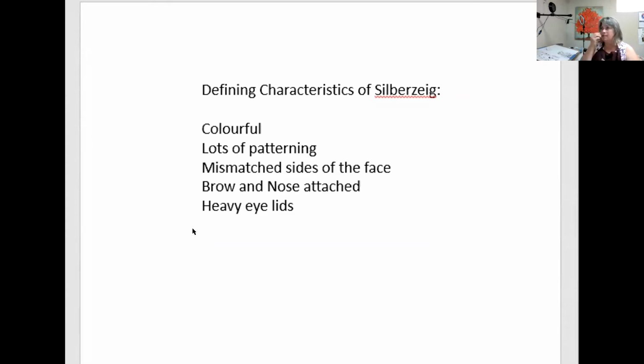Mismatched sides of the face. The face is different, but they're both facing forward. Okay, but she's decorating them differently. The brow and the nose are often attached, and the eyes often have heavy lids. Okay, so let's see what we can do to play around with that idea.